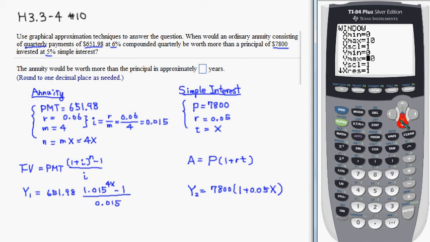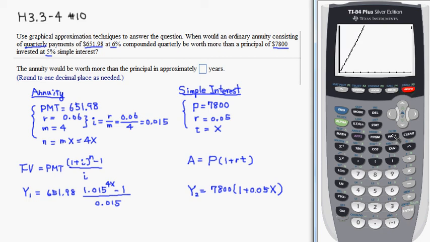Then for y max, for simple interest you have an initial value of 7,800, so it's got to be bigger than that. Just to be safe, I'll put 10,000 for the y max. Then enter. Then we can hit graph to see the intersection.